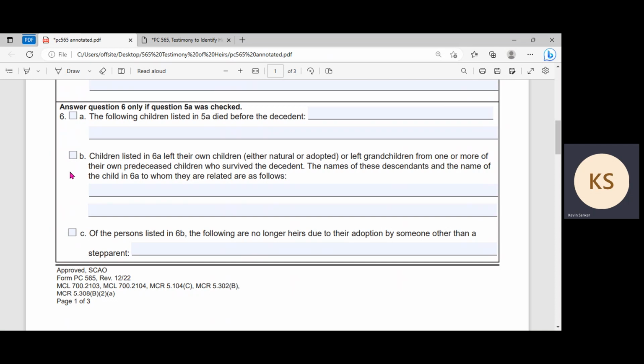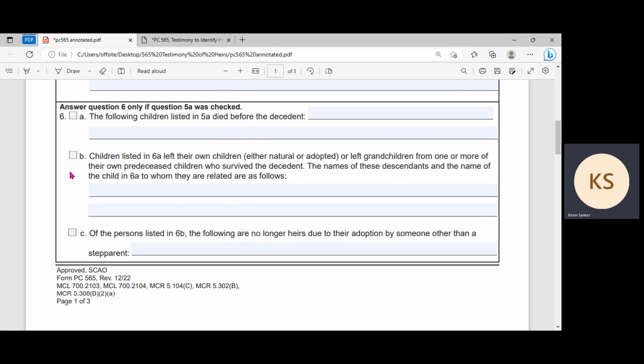The names of these descendants and the name of the child in 6A to whom they were related are as follows. So a little wordy, but if a child died before their parent, but also left children, this is the type of information that 6B seeks to understand.